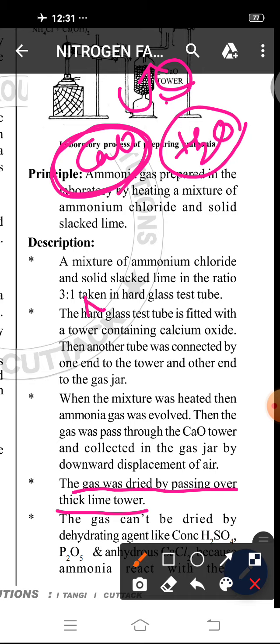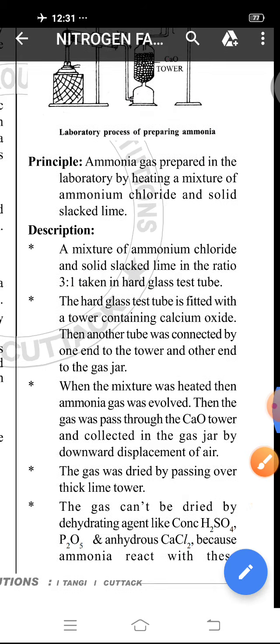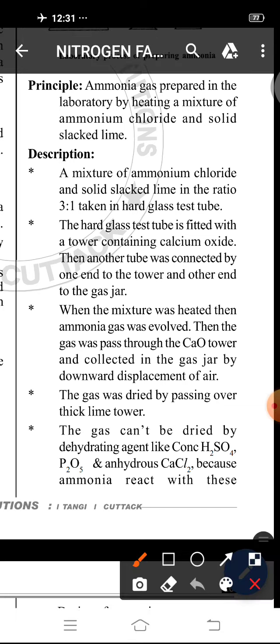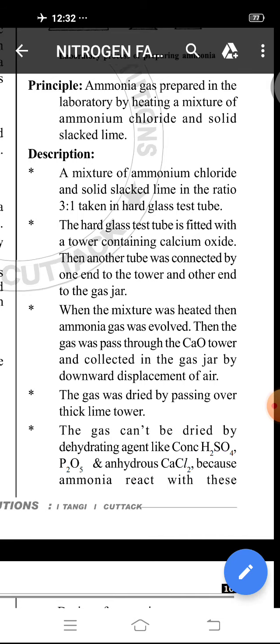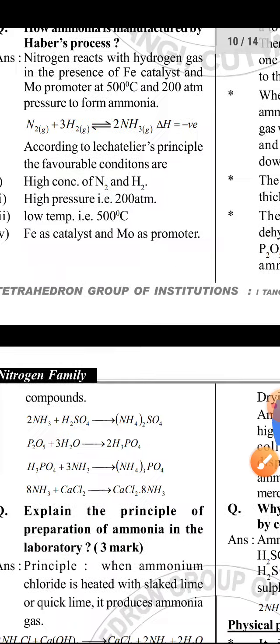Since ammonia is basic in nature, the gas cannot be dried over concentrated H2SO4, P2O5 or anhydrous CaCl2, because when ammonia gas is dried over these compounds, the ammonia reacts with the compound to form another product. See the equation.